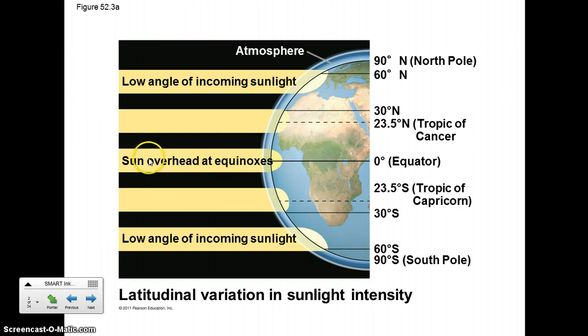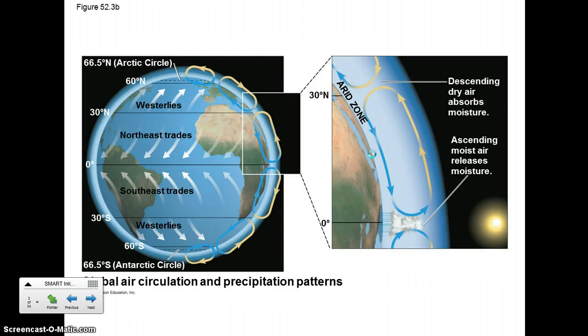Essentially, a given unit of light is falling on a smaller surface of the Earth's surface, and that's why the equator tends to be warm and tropical, because of all that intense sunlight. Whereas, because of the curvature of the Earth, the sun that hits further north and south is more spread out, and so there is less energy per unit area as you go away, and those areas are cooler because of that. The sun drives the movement of air around the globe.